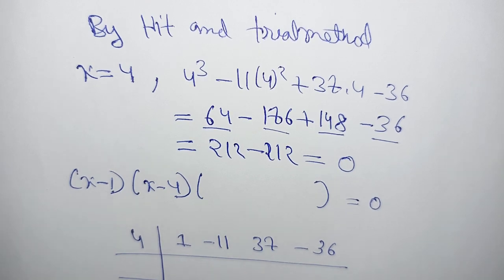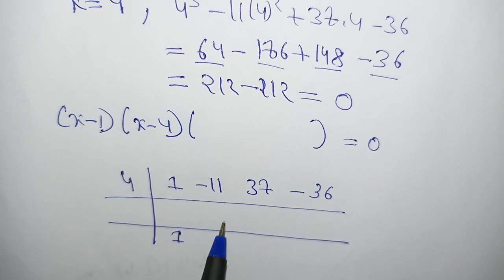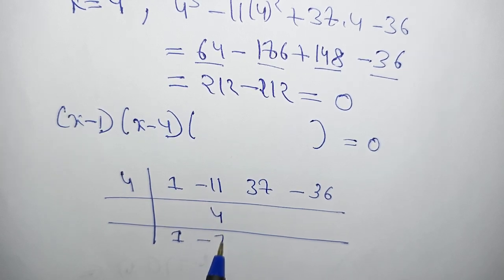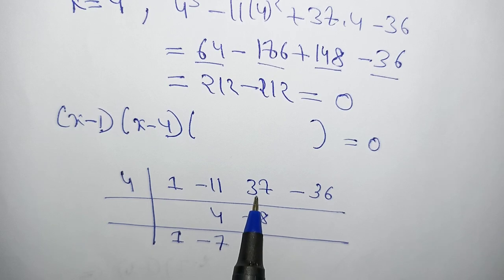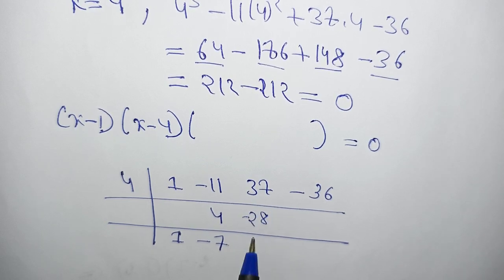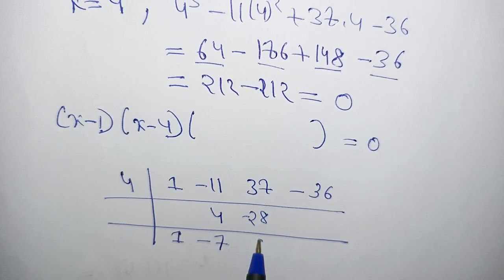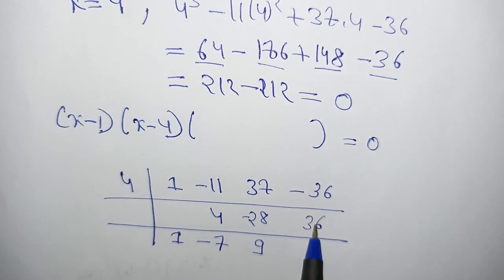Multiplying 4 with 1 is 4, and minus 11 plus 4 is minus 7. 4 into minus 7 is minus 28, and 37 plus minus 28 is 9. 4 into 9 is 36, which gives the value 0.